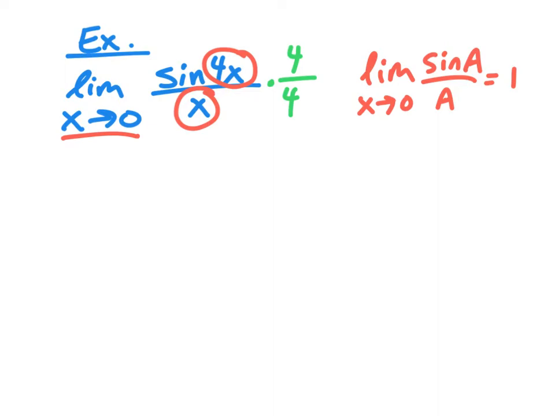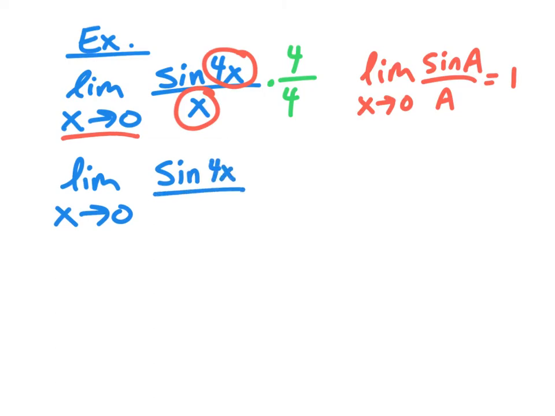So then I haven't evaluated the limit yet, which means I need to keep the limit notation in front. So I have the limit as x is approaching 0 in front. Still have the sine of 4x. I'm going to go ahead and multiply this 4 and this x together to make 4x underneath. And then notice when I move this 4 over with that x, I still have the 4 in the numerator at the top. So that's still being multiplied over on the side.